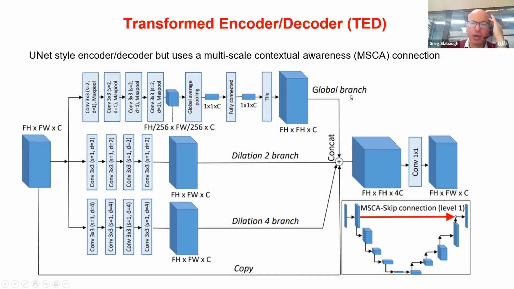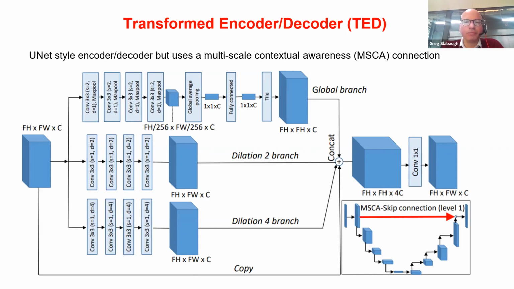Then we have a global branch, which uses global pooling to look at the image at really different scales. We then put that feature tensor through a squeeze block to get an enhanced feature tensor, which we use in the concatenation.